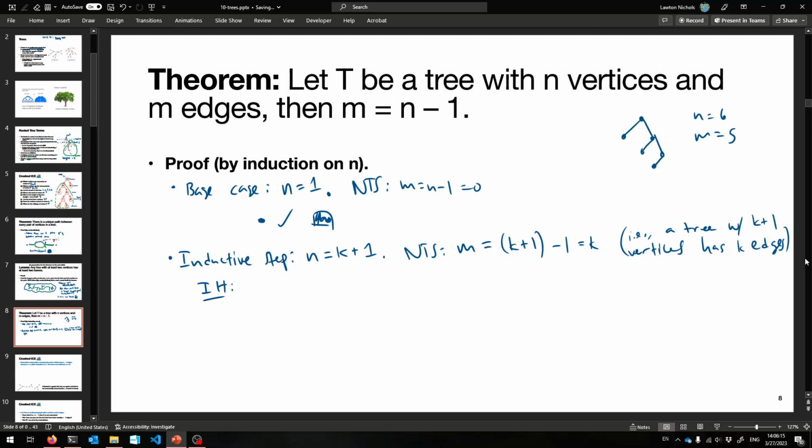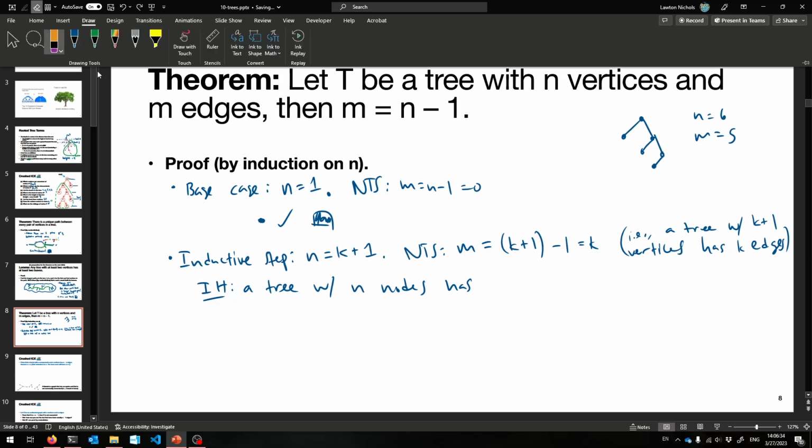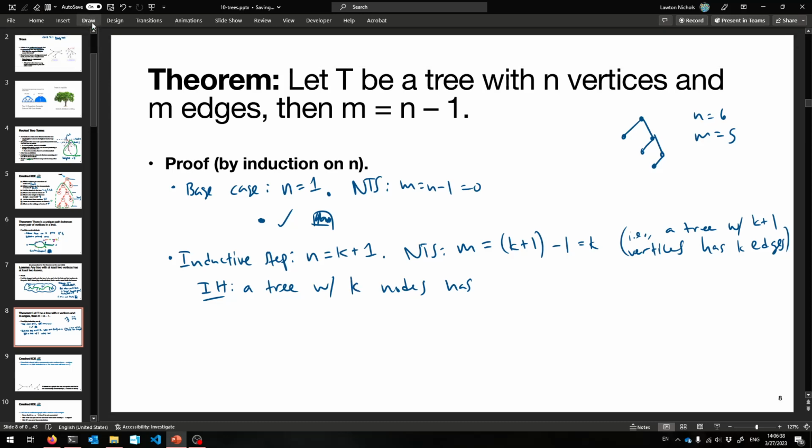IH is saying that a tree with one smaller number of nodes, if n is k plus 1, a tree with only k nodes, one less, must have k minus 1 edges.